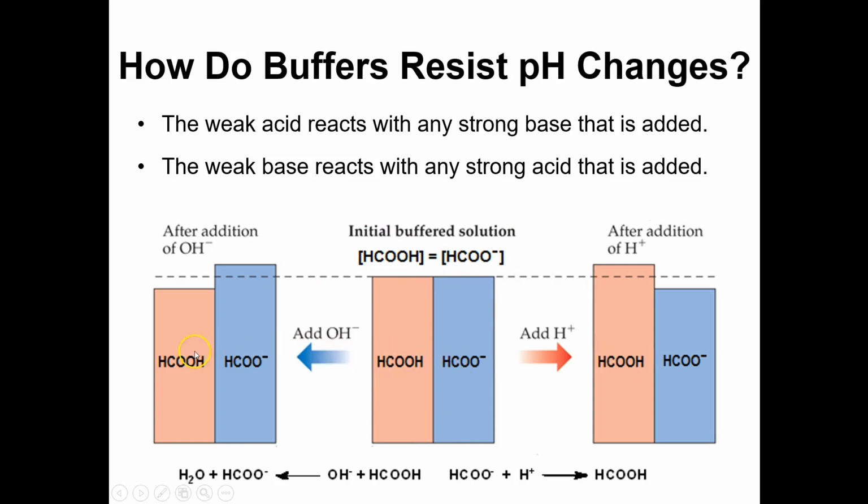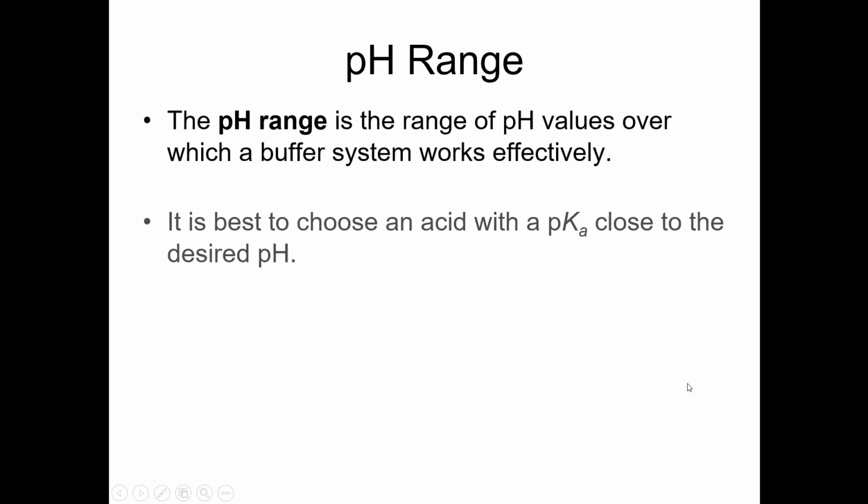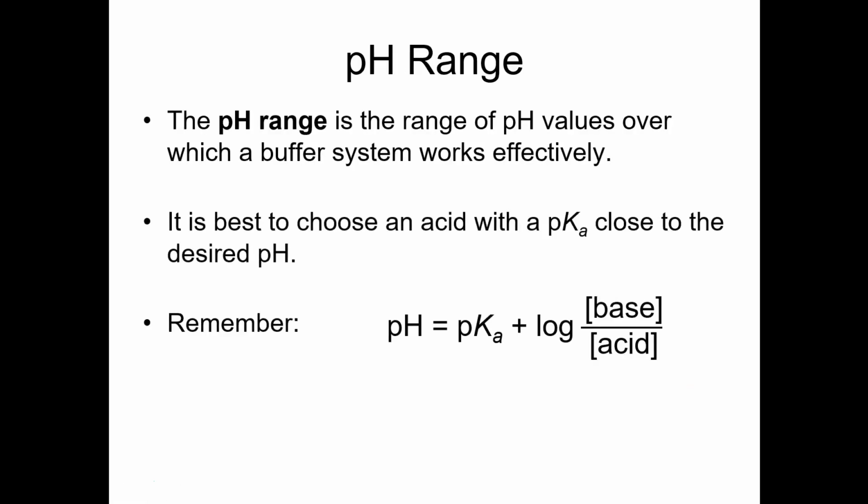It's pretty much good for 1 log unit on either side, because once you go more than 1 log unit on either side, that means the ratio of A minus to HA is greater than 10 or less than 1/10, and you're nearing the edge of that buffer region and where it's going to be useful.